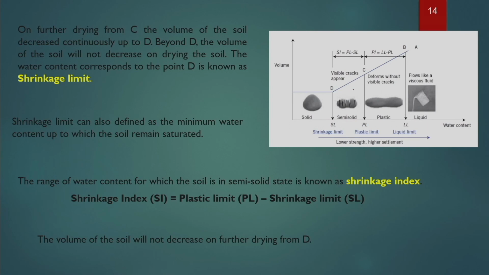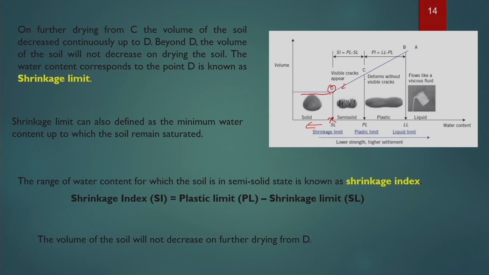Similarly, again when we dry the soil from say stage C to D, the water content will keep on decreasing and the volume will keep on decreasing. At a particular value, once we reach here at D, the volume of the soil will not decrease further. Even if we decrease the water content, the volume of the soil will remain constant.